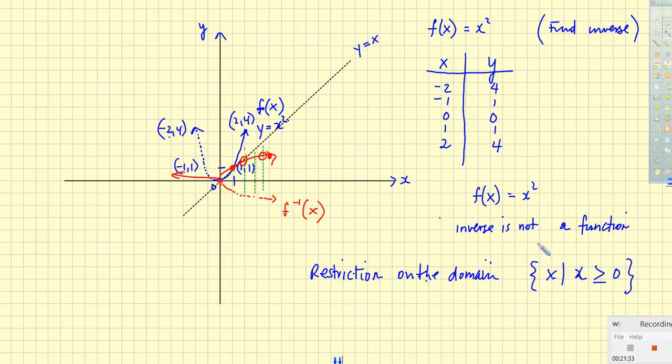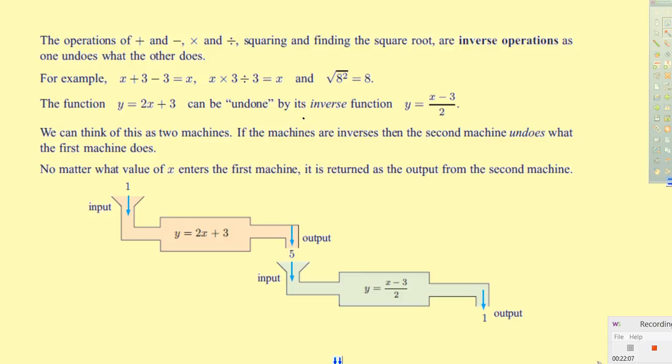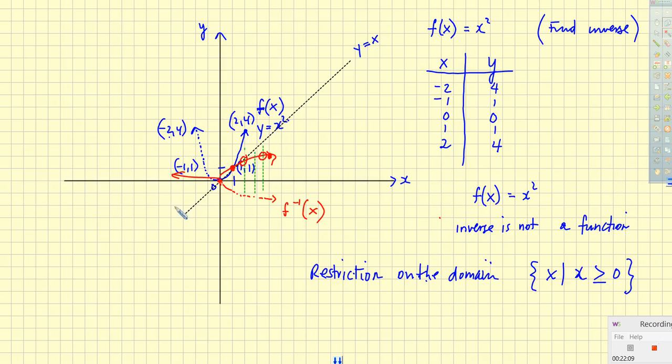Alright, so having said that, let's take a look, algebraically, at what would happen. If I say f of x is equal to x squared, and I now say find the inverse, or find f inverse of x, given that f of x is equal to x squared, what I do is say y equals x squared.